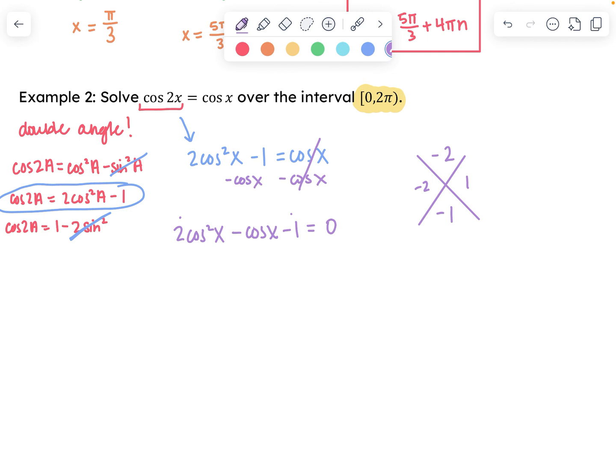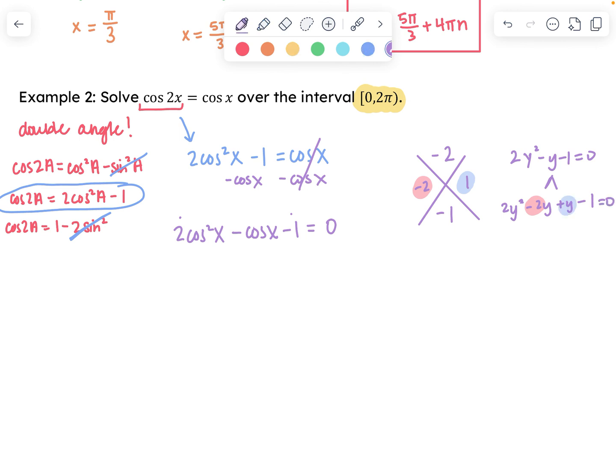Since I do have that 2 for my a value, that means I've got to split that middle term. Remember, you can also use u substitution. So let's say that this is like 2y squared minus y minus 1 equals 0. I'm going to split that, so it's 2y squared minus 2y plus y minus 1. So this negative 2 is going right here, and this 1 is going right here, equals 0.